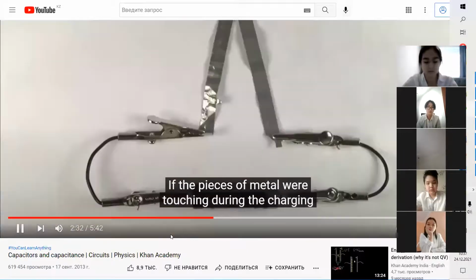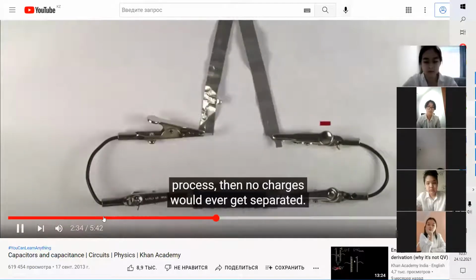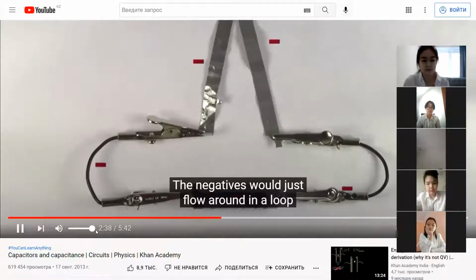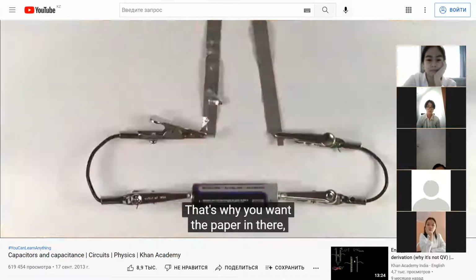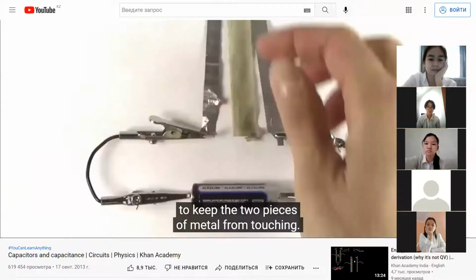If the pieces of metal were touching during the charging process, then no charges would ever get separated. The negatives would just flow around in a loop because you've completed the circuit. That's why you want the paper in there to keep the two pieces of metal from touching.